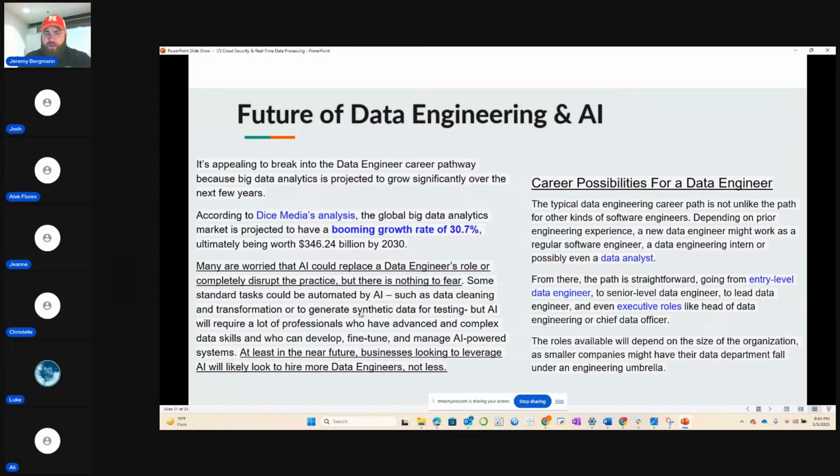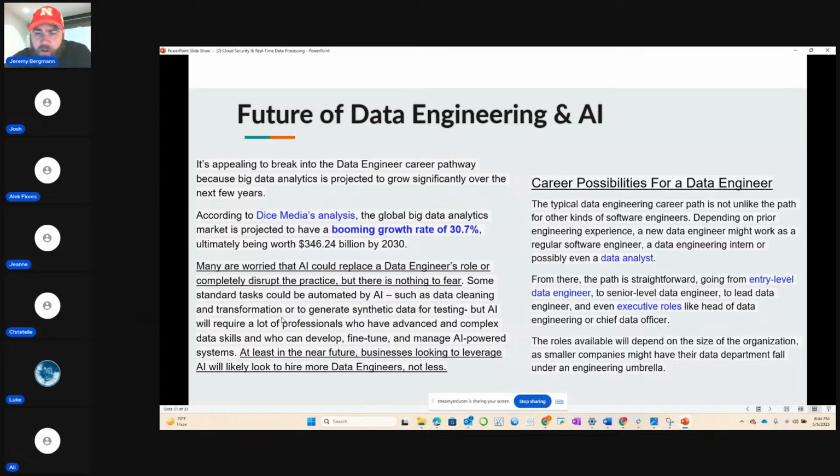A slide about future data engineering and AI. Oftentimes you don't go straight into data engineer. Maybe you were a data analyst or a developer somewhere. But oftentimes I found it was just me gaining more responsibility within an organization, and more had to do with being able to manage data. So you build the skill set.